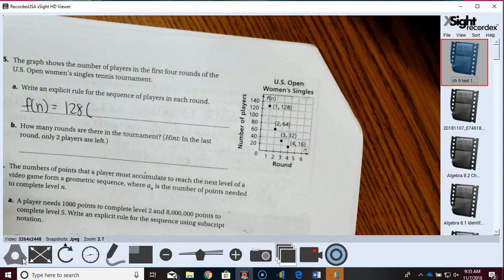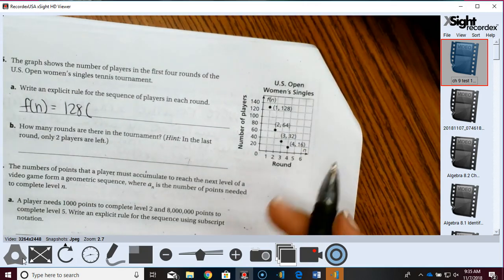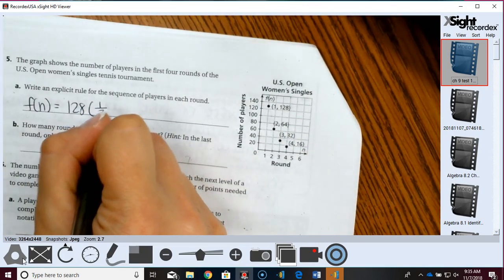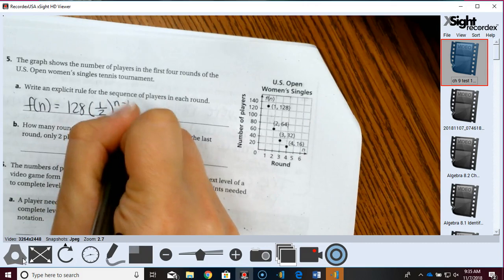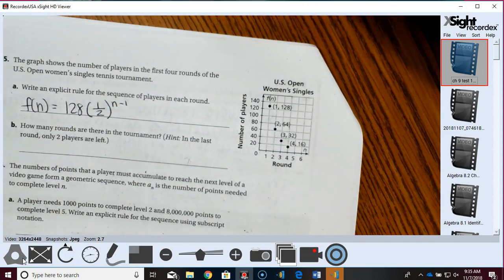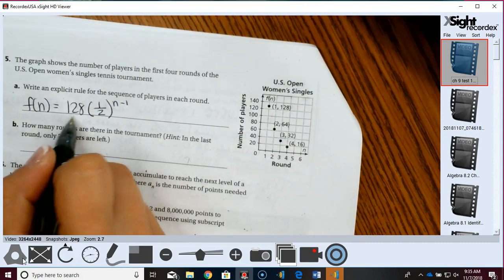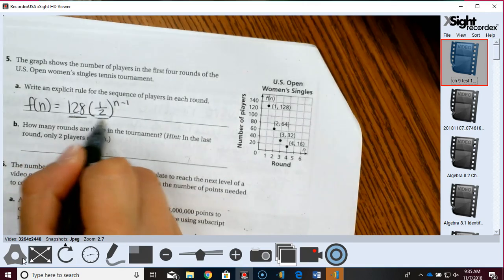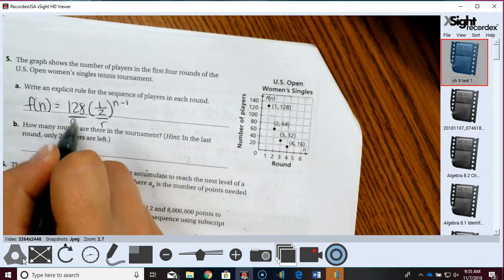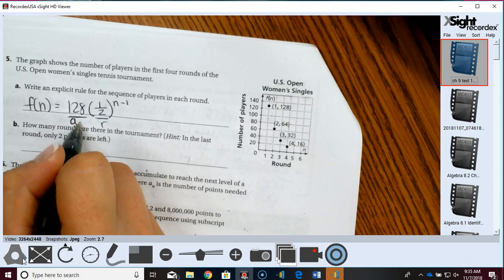Nope, divided by 2. 128 divided by 2 is 64, divided by 2 is 32, divided by 2 is 16. So 1/2 is our common ratio to the n minus 1. Right? This is your term 1, common ratio.